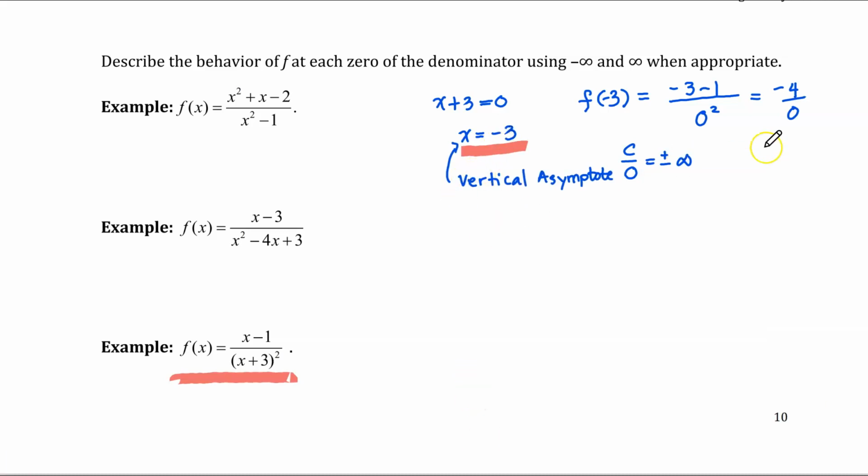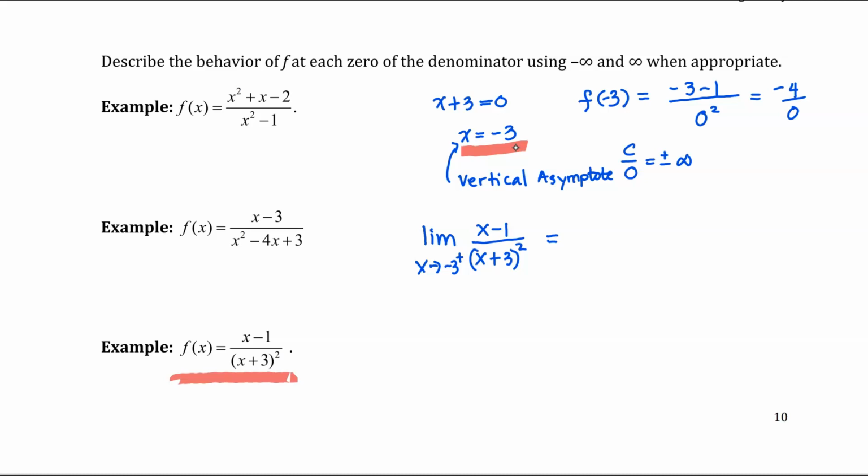Now, to describe the behavior of the function at x equals -3, we will proceed to find the limit of the function at the right side and left side of -3. Now let's go ahead and evaluate the limit of the function as x approaches -3 from the right.